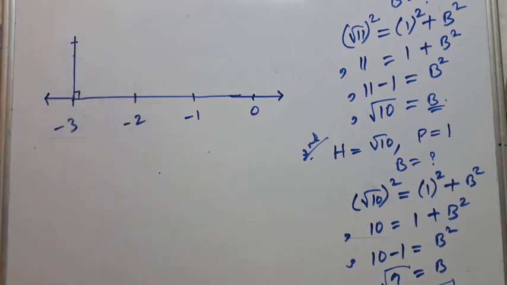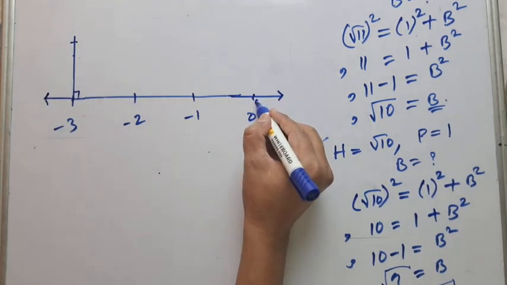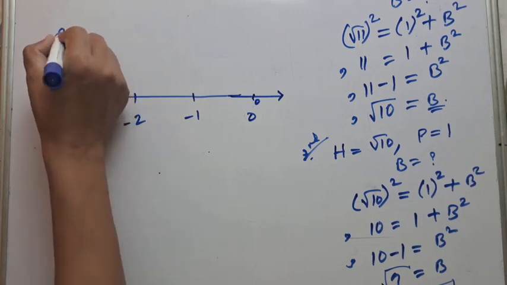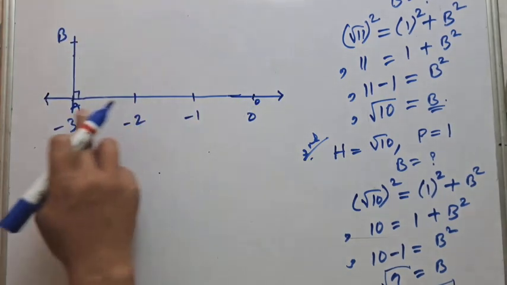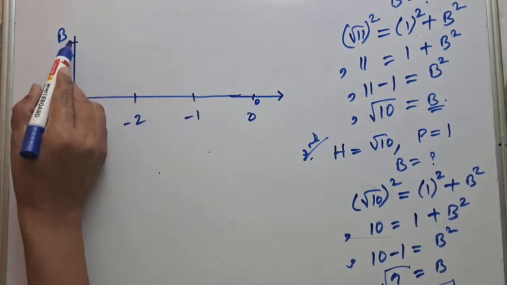Okay, now suppose this is O and this is A and this is B. Okay, this is O, this is A and this is B. We join B and O using scale.